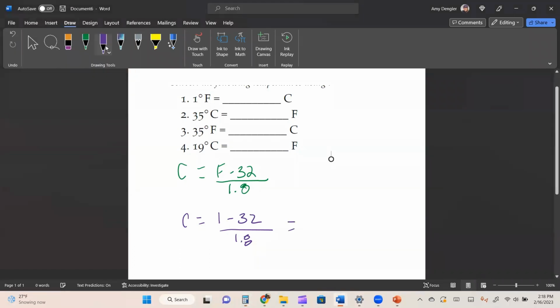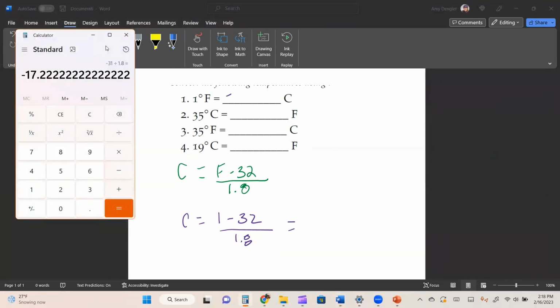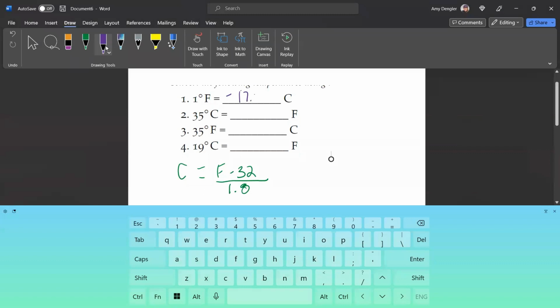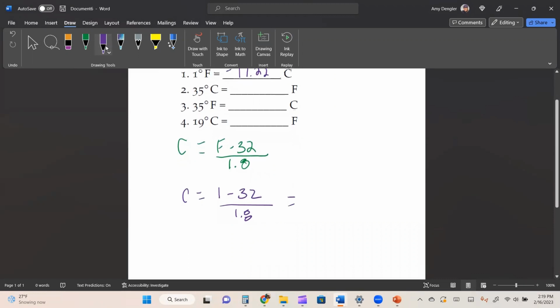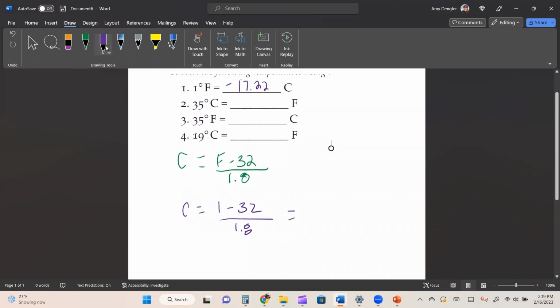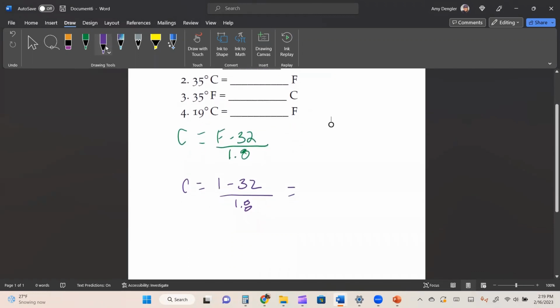So we get that the answer is negative 17.22 degrees Celsius.